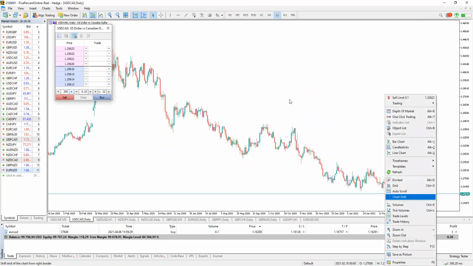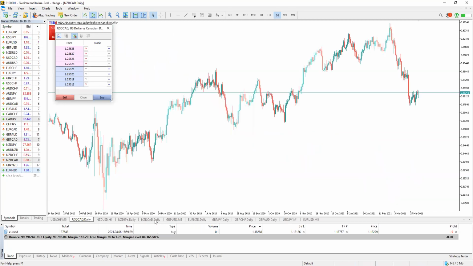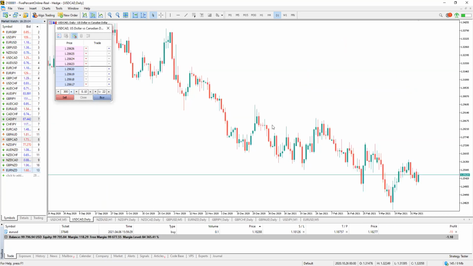I think someone asked about CAD pairs. CAD pairs have been tricky because the Canadian has been kind of strong lately. So for example, on the dollar CAD, we have been following this channel.